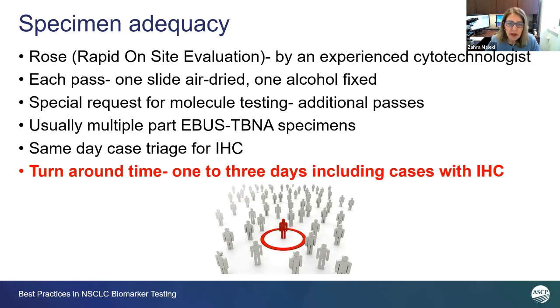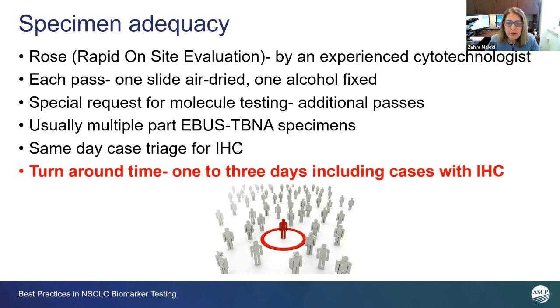For each pass, one drop of the specimen is used for an air-dried slide smear, which is used for Diff-Quik for on-site evaluation. The other smear is immediately put in alcohol fixation, and the rest of the needle material, as Dr. Yarmus mentioned, is put on a paper towel to create the clot.